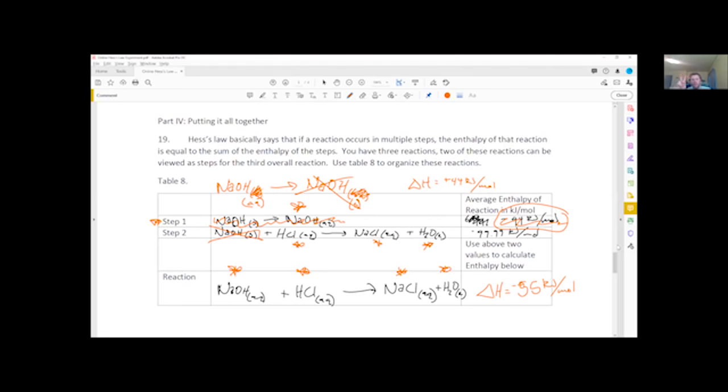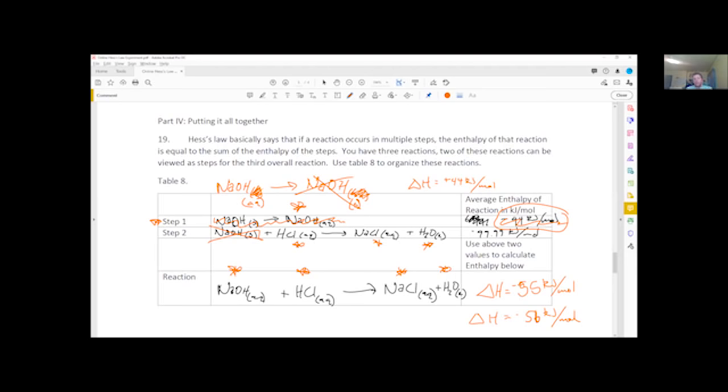Okay, so what we're doing here is looking at the heat of 2 of our reactions, and we've already determined the heat of that other reaction. We already have an experimentally determined delta H for this, and that delta H is approximately negative 56 kilojoules per mole.